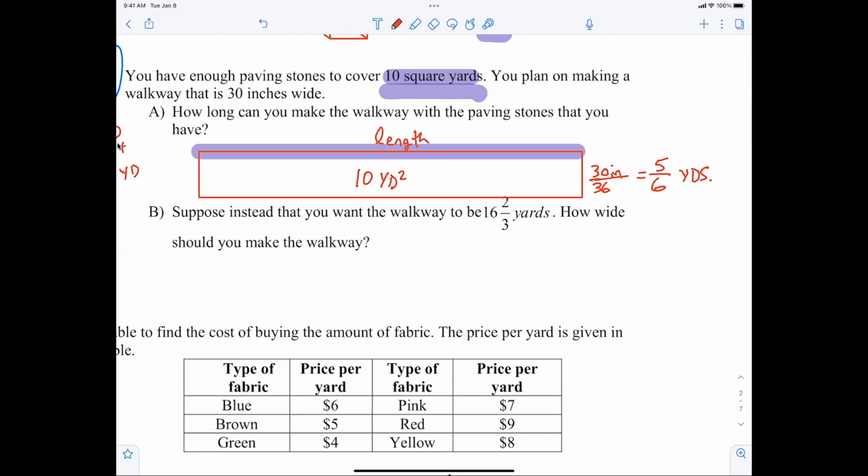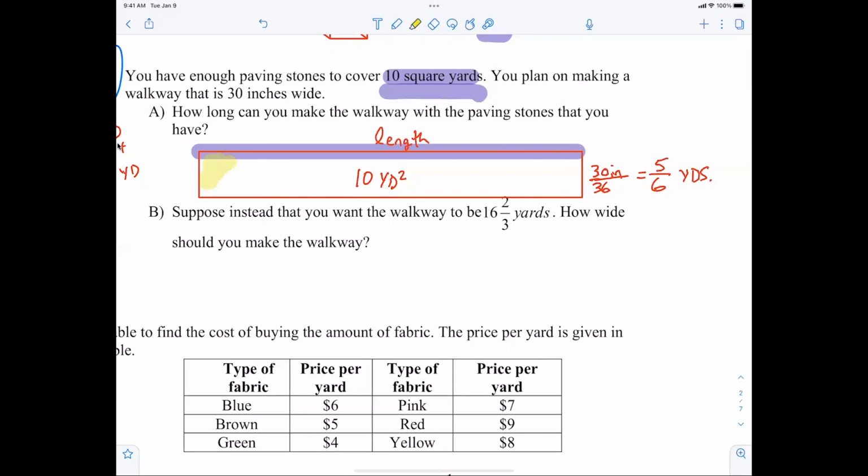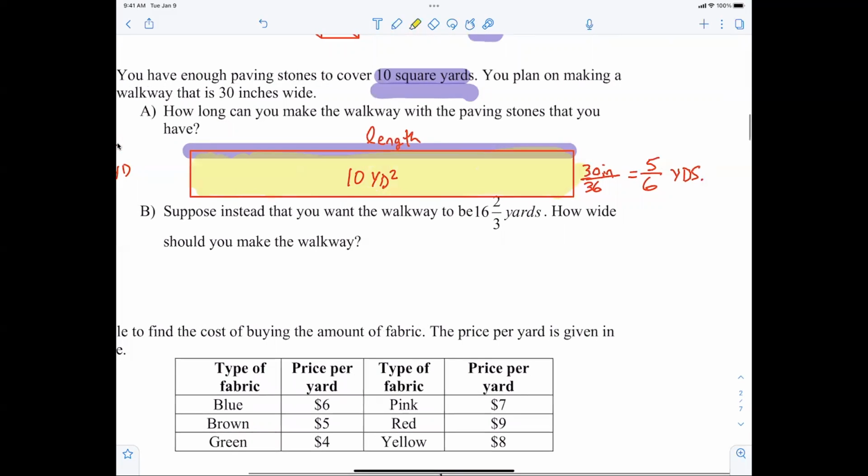Now, does everybody understand we have area right here, correct? This is my area. And what shape is that? Rectangle. What's the formula for area of a rectangle? Area is equal to length times width. Is everybody happy with that?